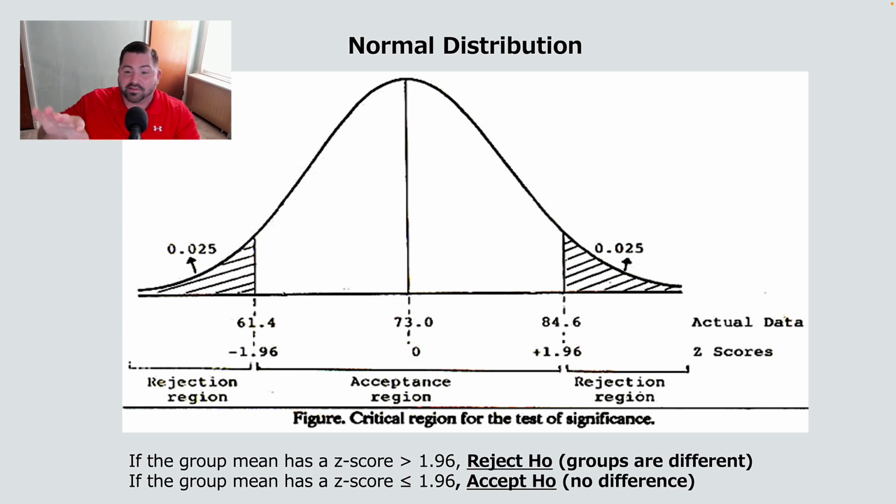But I have to decide if I want to put that all in one tail to the right or all in one tail to the left. So what a lot of researchers would do in this case is take that 5% and divide it by 2, and put 2.5% in one tail and 2.5% in the other tail. So the likelihood of a value falling at or at a more extreme value than 1.96 is actually not very probable at all.